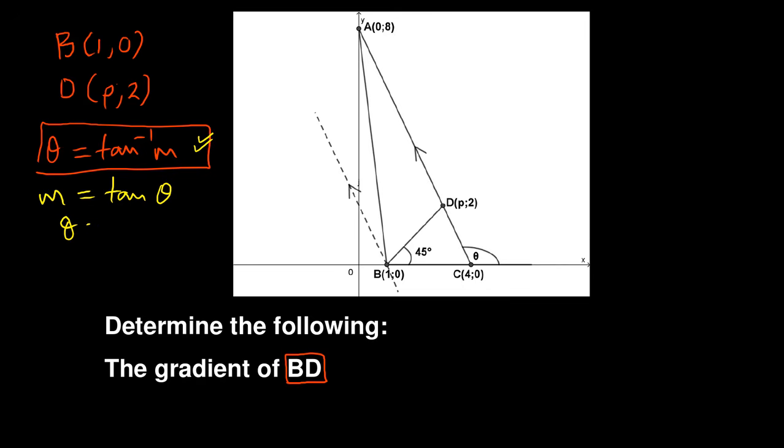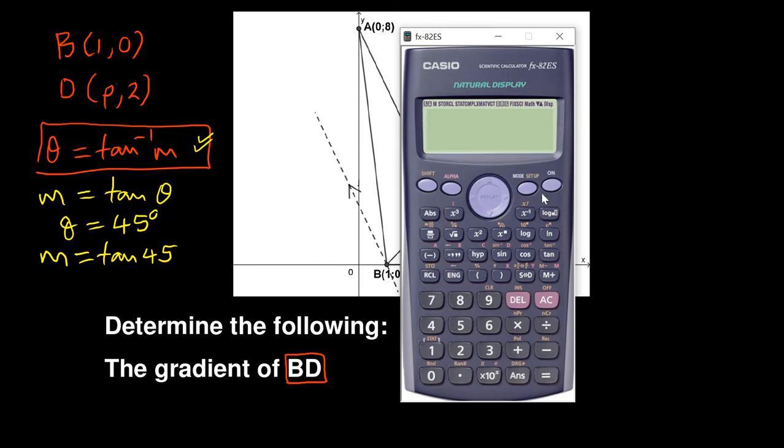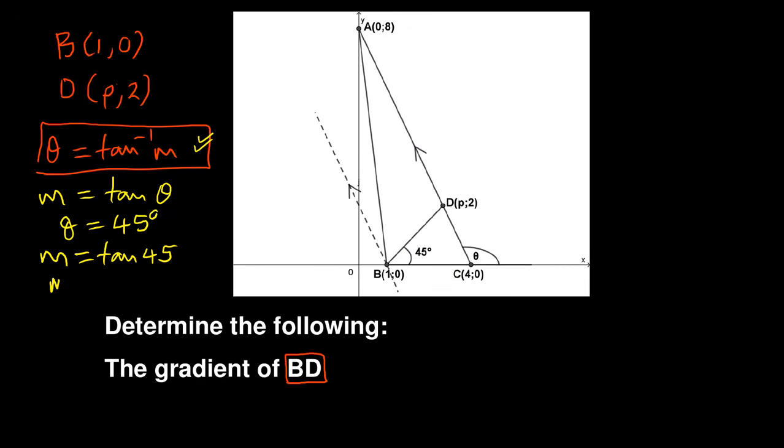But we know that our theta is 45 degrees, so it means M is equal to tan 45. Now if you use a calculator to find tan 45, you are going to get 1, so M in this case is equal to 1.